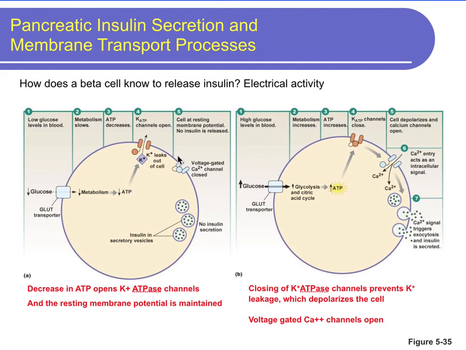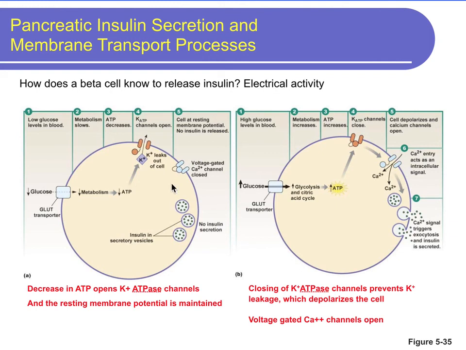Now, this channel here is a voltage-gated calcium channel. Remember, voltage-gated channels open when the voltage around the channel changes. But because the potassium is leaking out and we stay at negative 70, the voltage does not change, so this voltage-gated calcium channel stays closed. And so calcium does not move in.